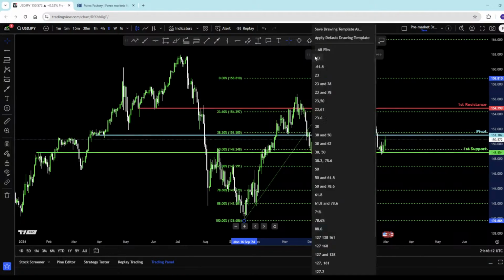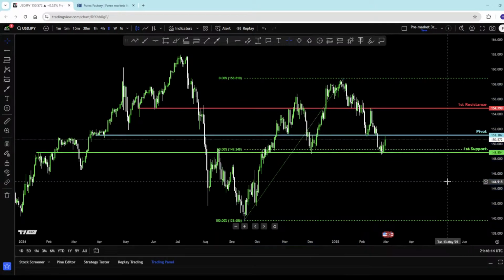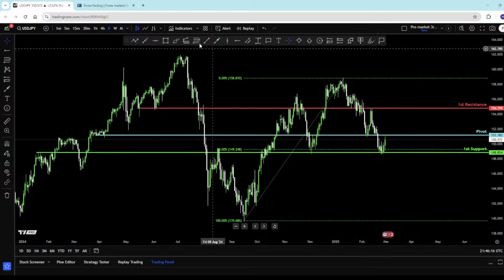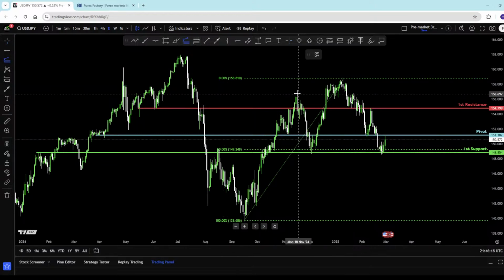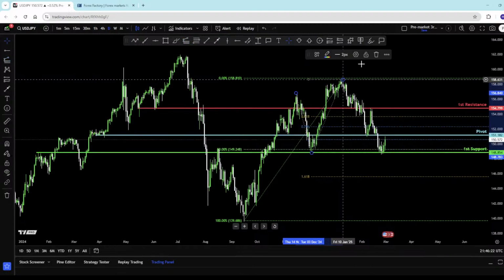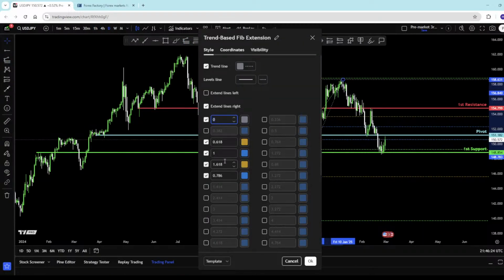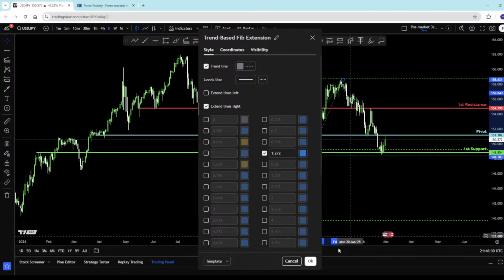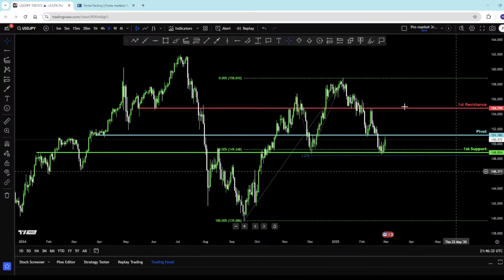Okay, my 50% lines up with that first support. I think the 1.27 lines up, yeah, with my first support as well.